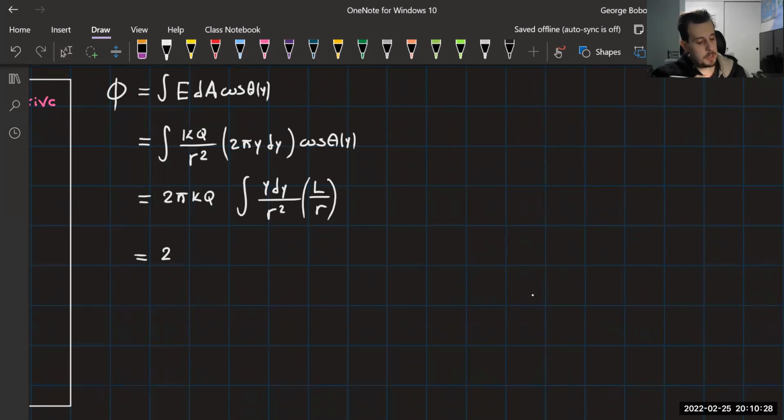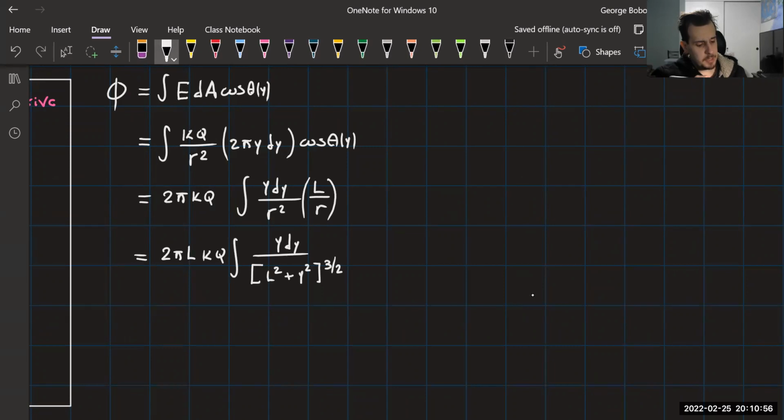So the L will come outside. We got 2 pi L KQ, and then the integral of y over R cubed, but you told me what R is going to be. It's going to be y squared plus L squared, square rooted and then cubed. So 3/2 power. That's your integral right now.